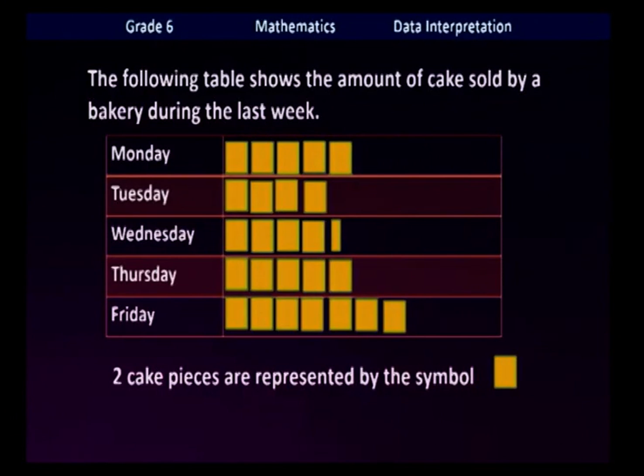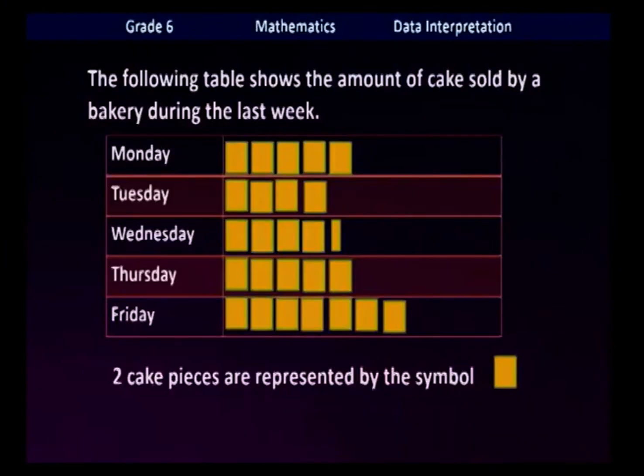Then what is the answer? What is the day? Nisika. Thursday. Sorry, Tuesday, teacher. Tuesday. Very good. You can see the smallest number of symbols represented on Tuesday. The answer is not Thursday, that is Tuesday.